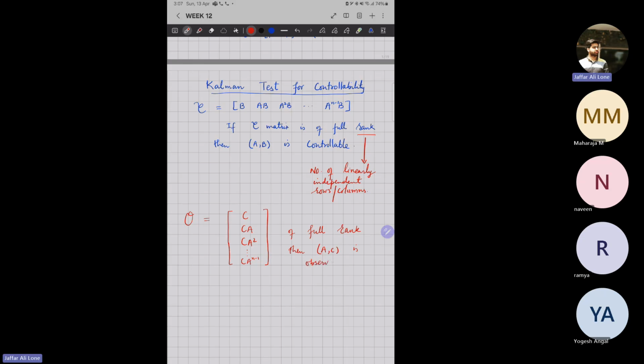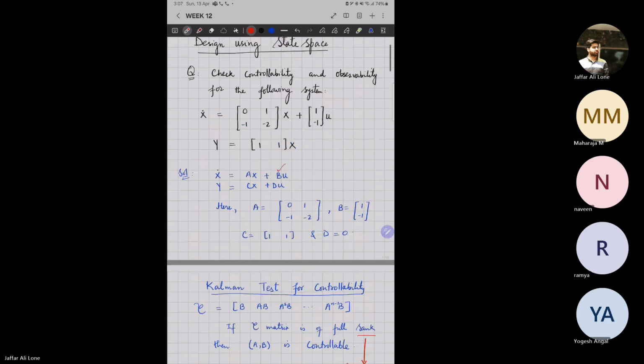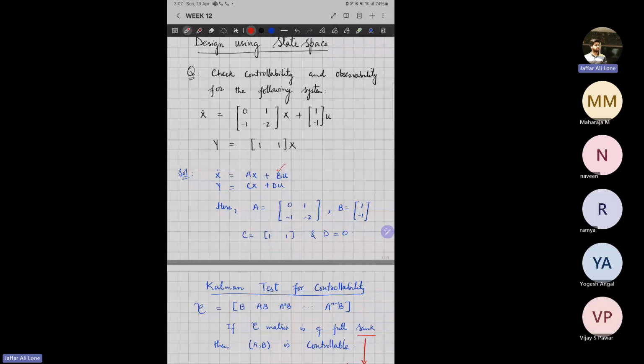Whenever we talk of controllability, we talk of matrices A and B. And whenever we talk of observability, we talk of matrices A and C, right? Because controllability is about the input of a system, and input is linked with matrix B. Observability is linked with the matrix C. So sometimes instead of saying the system is controllable, I'll say the pair (A, B) is controllable, which means the whole system is controllable.